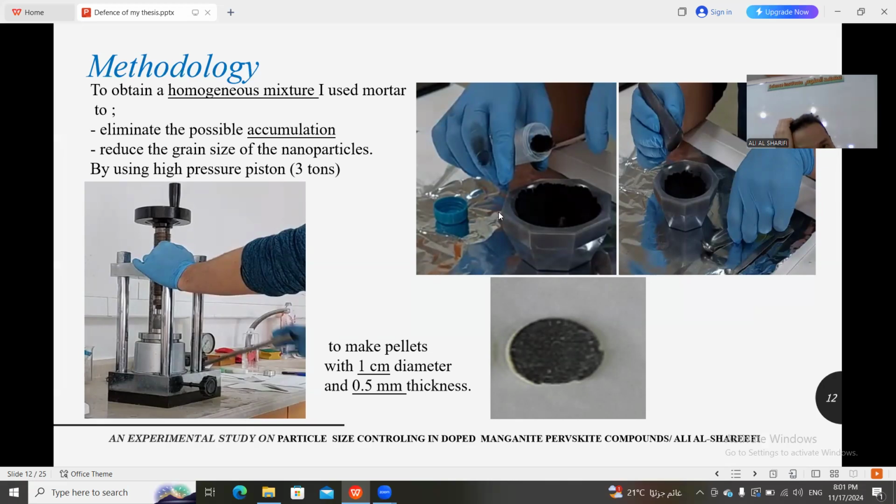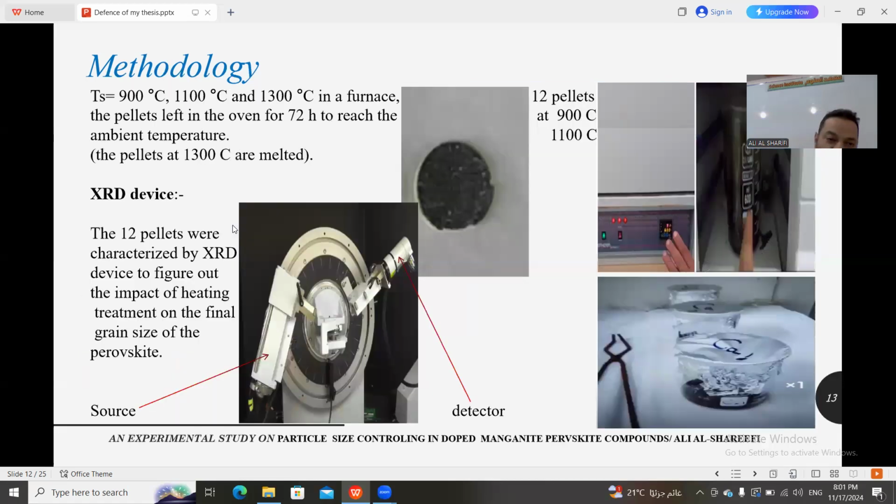Okay, after using this mortar, I use pressure to produce pellets with 1 cm diameter and half a centimeter thickness. The next step will be dealing with the X-ray diffraction device.